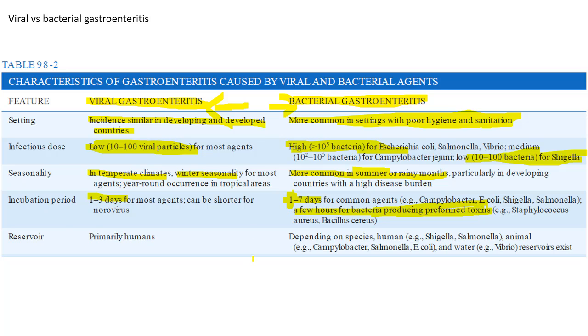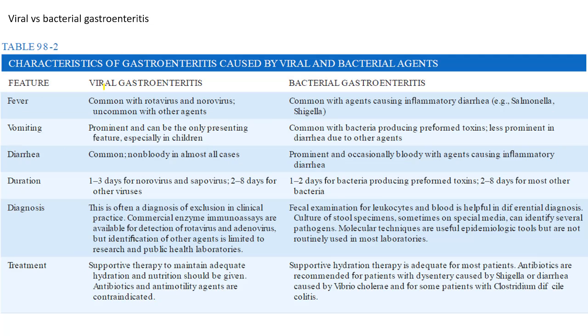And the reservoir here can be human. Shigella and some types of Salmonella have only human hosts, while other types of bacteria can also have animal hosts. While for those viruses, it is primarily humans. Now, the differences between viral and bacterial gastroenteritis.